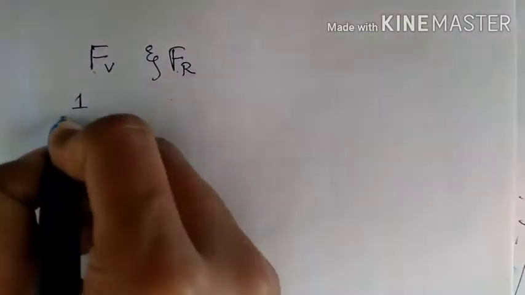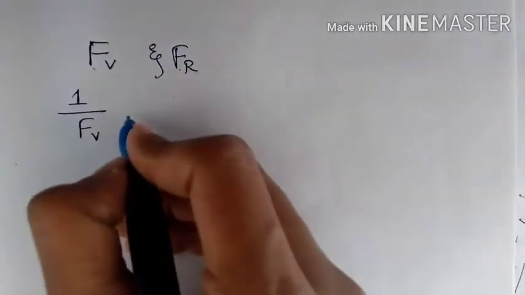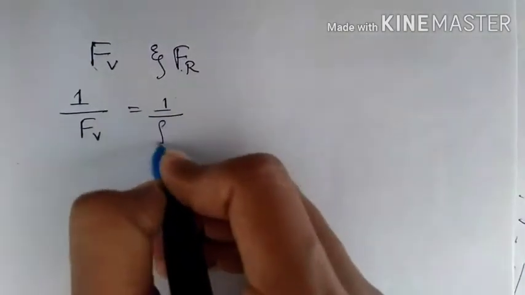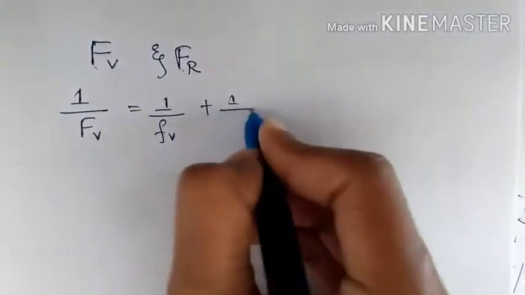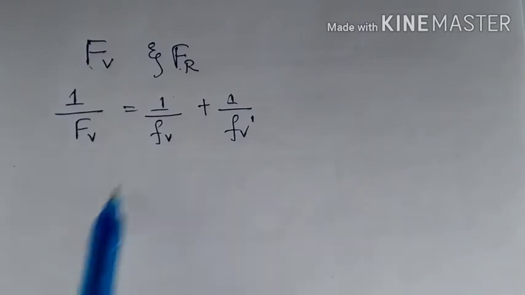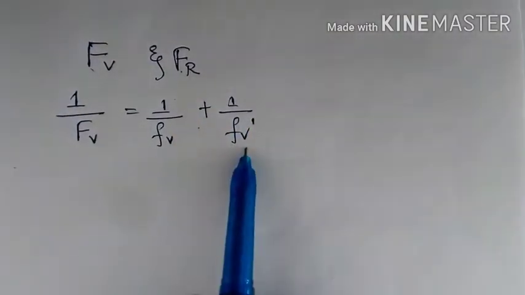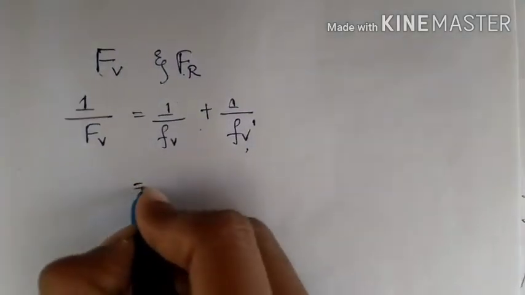So 1 by FV can be written as 1 by Fv plus 1 by Fv prime. So this is just an addition of 1 by Fv plus 1 by Fv prime. So this you can write.